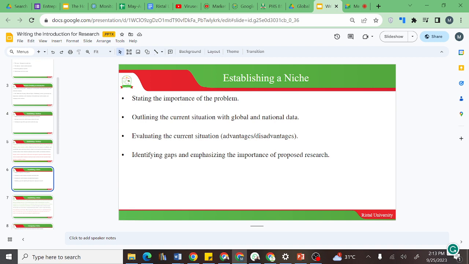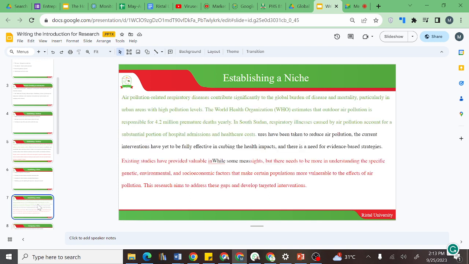Or maybe in some cases the vaccines are not effective, or whatever it is. So you tell us what is happening and what the gaps are with what is happening. So that is the niche. You are narrowing down the problem to your research topic.